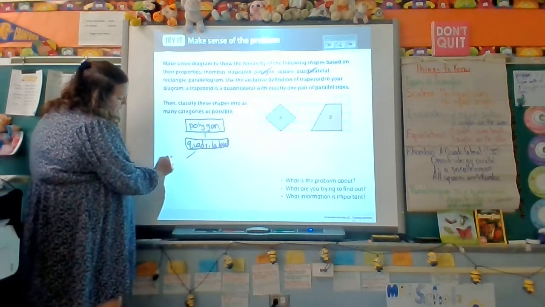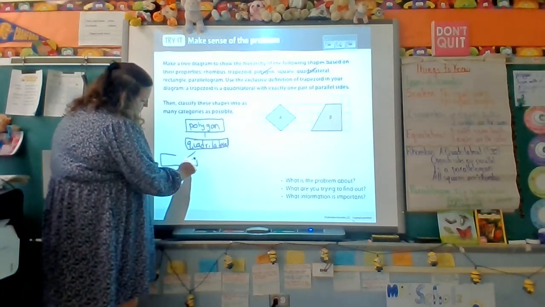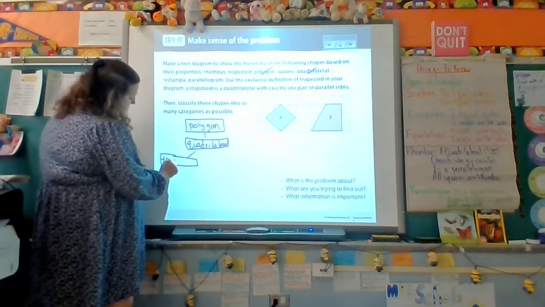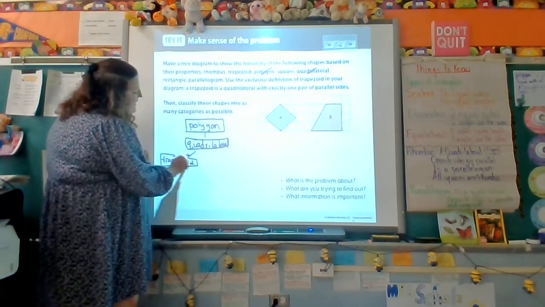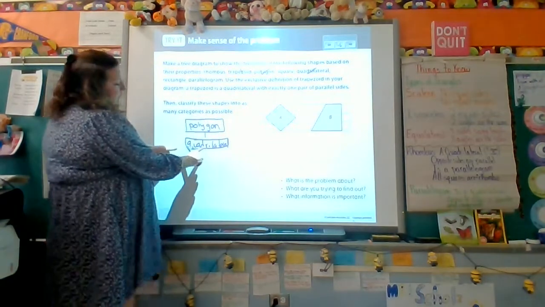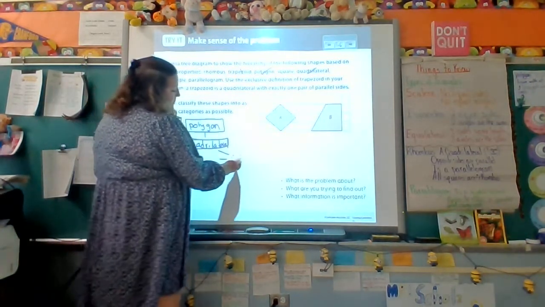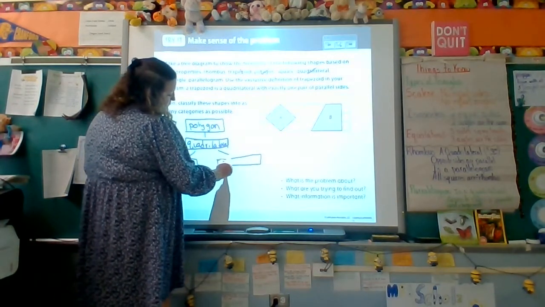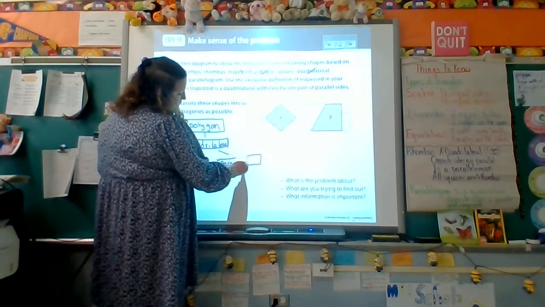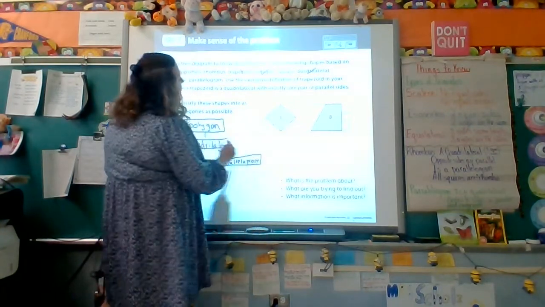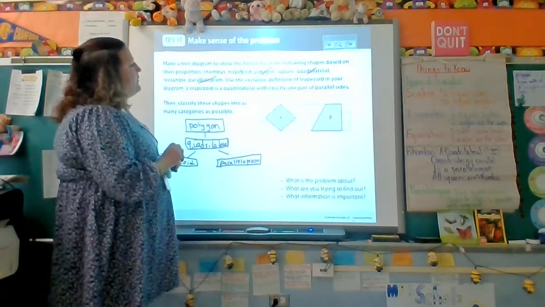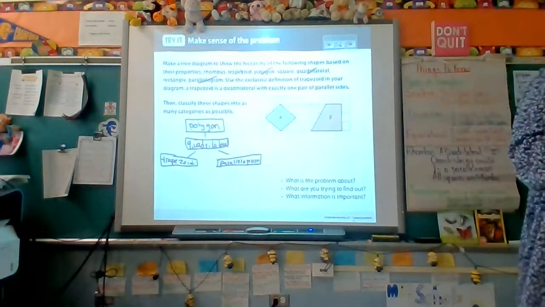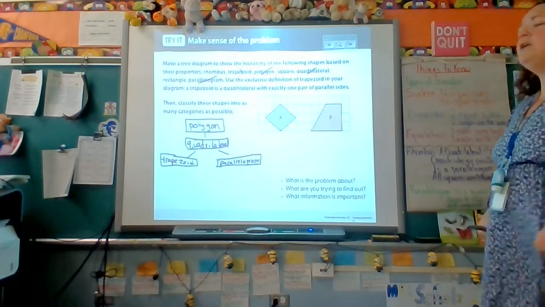I'm going to come off here and write trapezoid. And another category that I could branch off of quadrilateral is a parallelogram. Okay, so now I have a parallelogram. So I'm crossing these off, so I know what I have left. Now what do I have left? I have rectangle, square, and rhombus.